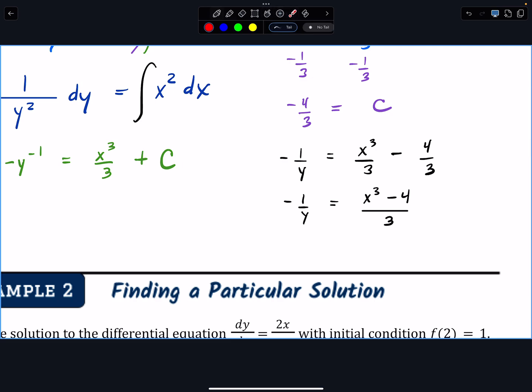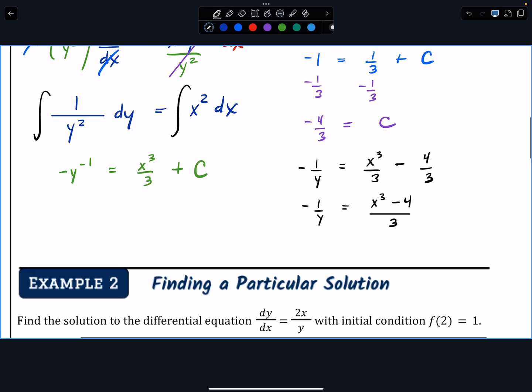How can I get rid of the negative? I can multiply both sides by negative 1. So then 1 over y is equal to, if I multiply both sides by negative 1, I could write it like this, 4 minus x cubed over 3, because I'm just changing the signs at the top.